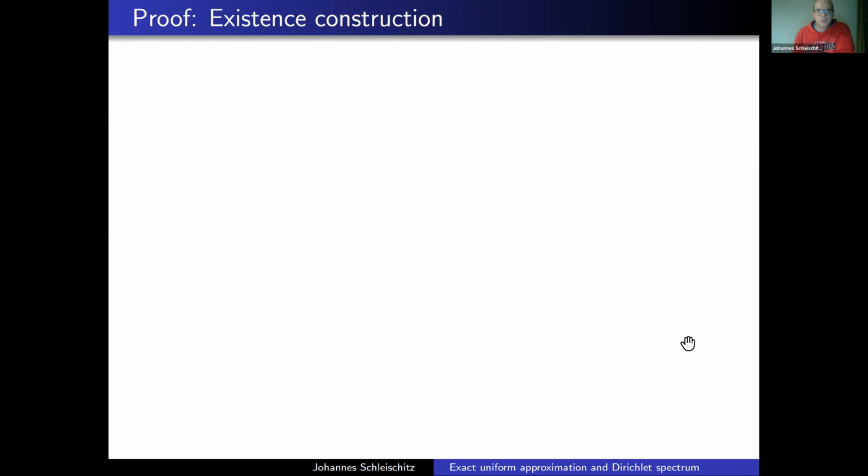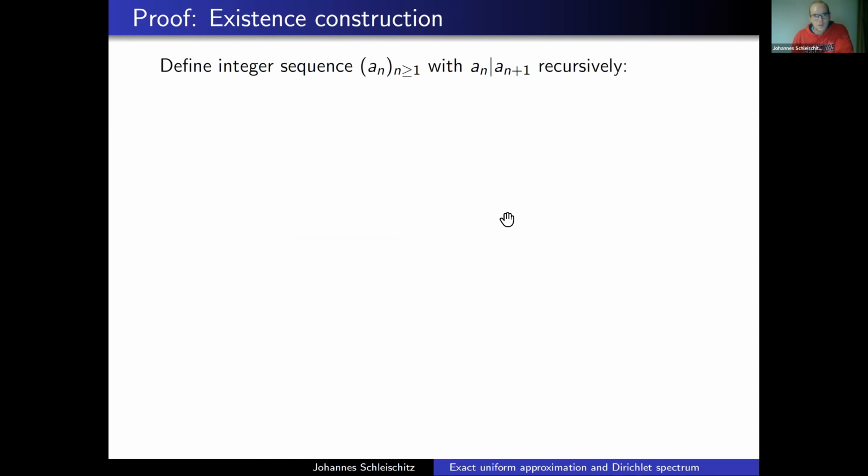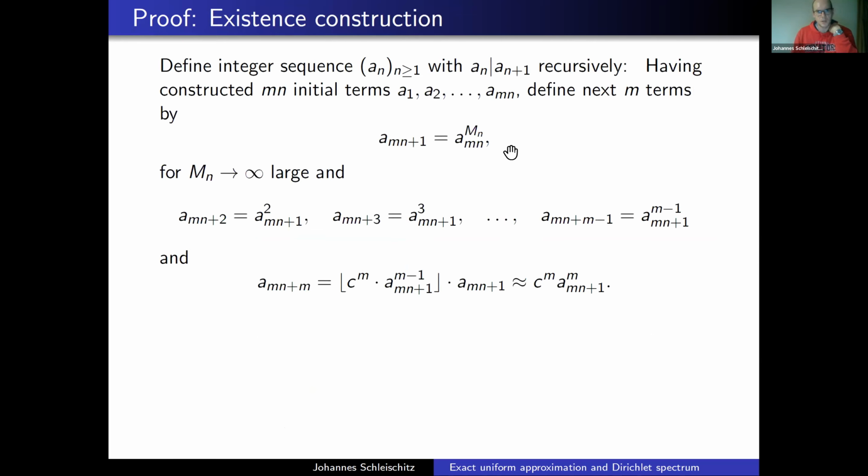So let's talk about the existence of such numbers with Dirichlet constant exactly given and Liouville. I take some sequence a_n that grows fast, where a_n divides a_{n+1} for all n, and it's constructed as follows. When I have the first m terms, I get the next m terms in the following way.